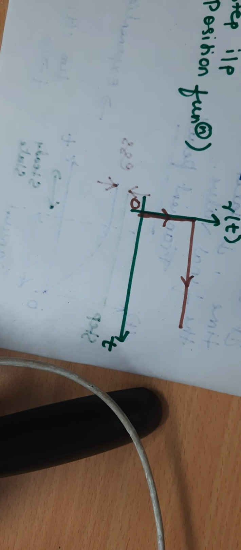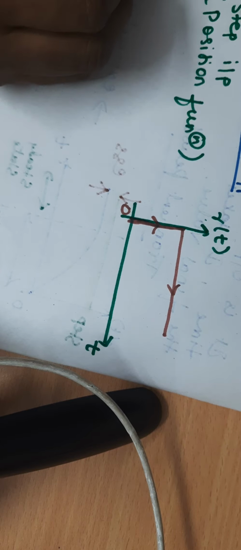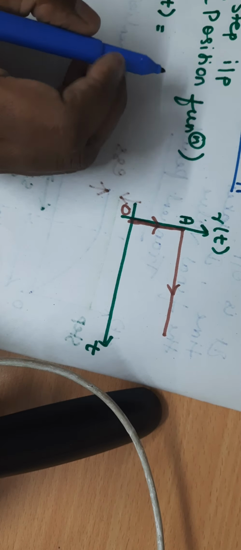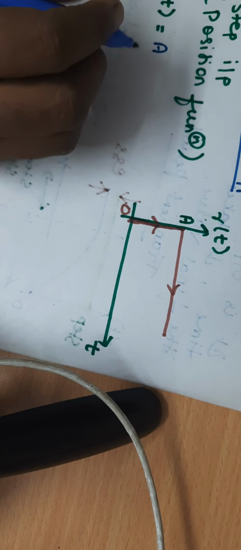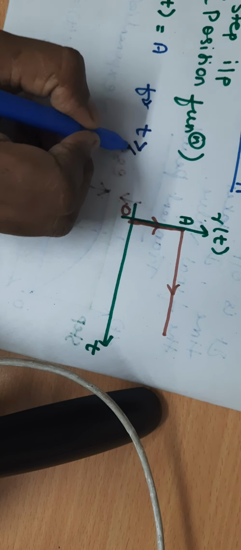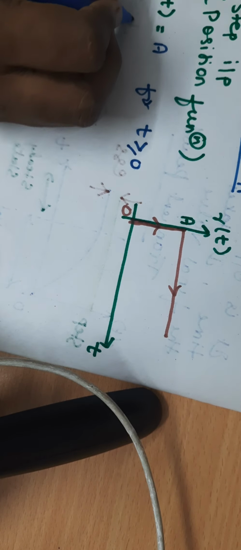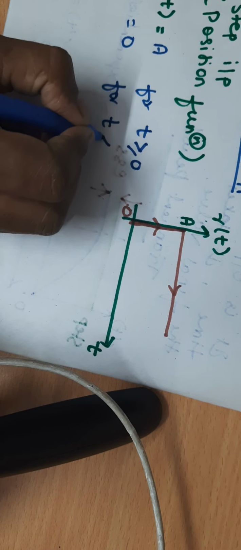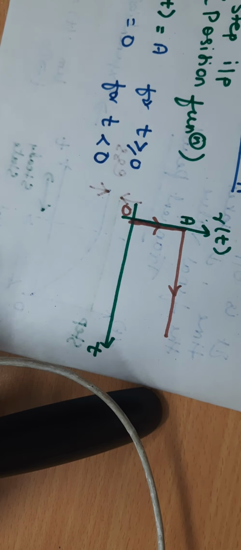Now let's see how we are going to represent it using a mathematical formula. R of t is equal to A, this magnitude is considered as A. R of t is equal to A for t value greater than or equal to 0, and it is equal to 0 for t value less than 0.